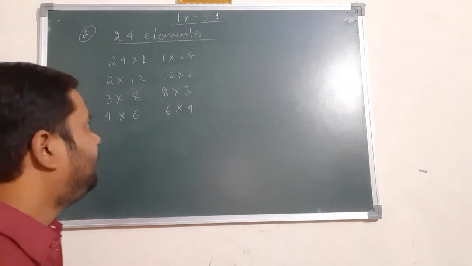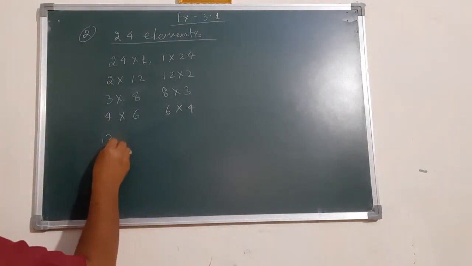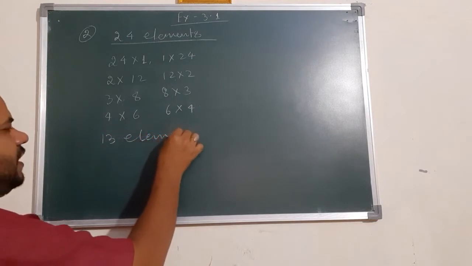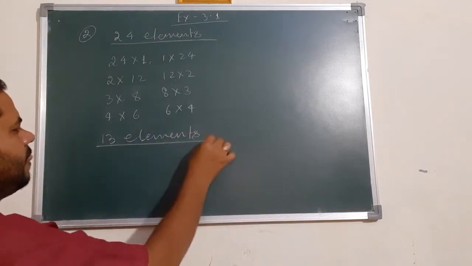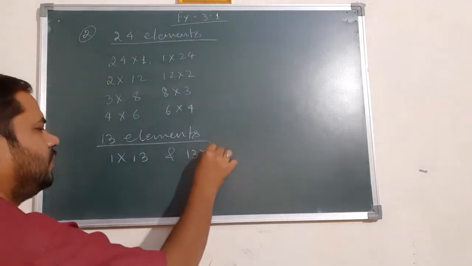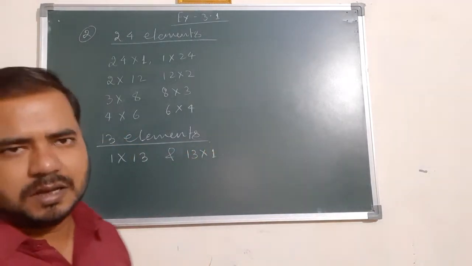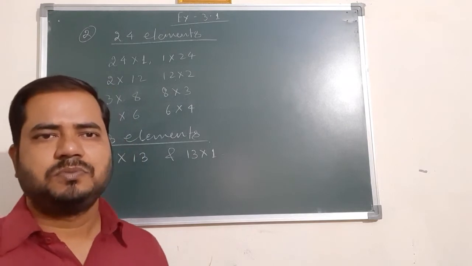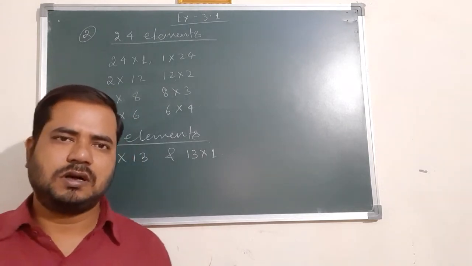And if it has 13 elements, then the possible orders are 1 into 13 and 13 into 1. We have already discussed this type of question, so please note it down. Then we have to see the third question.